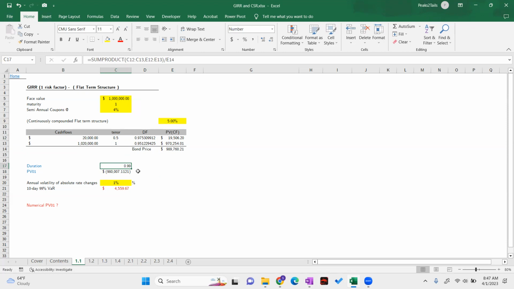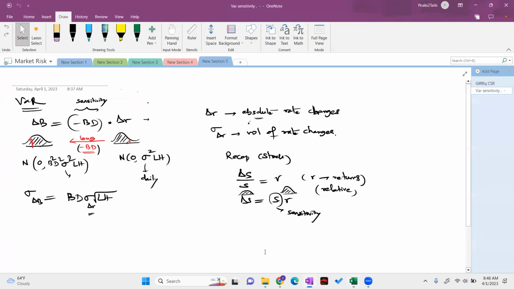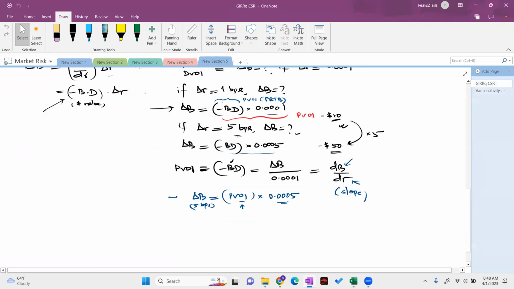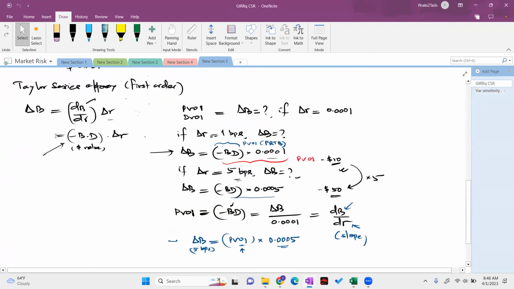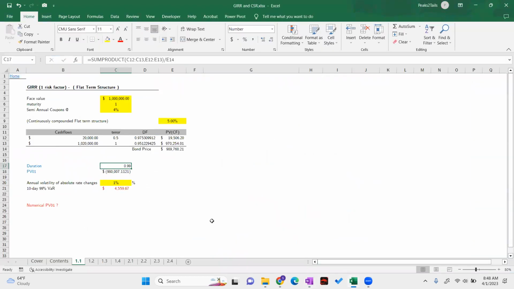Now we calculate PV01. For PV01, the definition that we are using is just the slope, dV by dr. So let me show you. We are using this definition, right? PV01 as per FRTB is just minus BD, which is the same as delta B divided by 0.0001. That's the definition we are using. So minus BD is simply this. We know the duration, we know the bond price, minus BD is this.